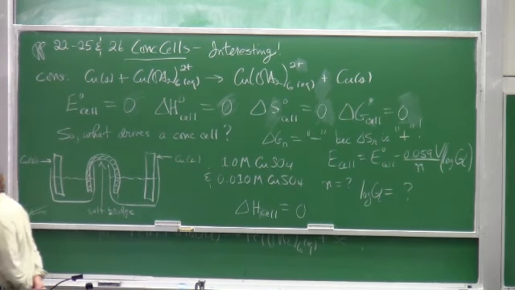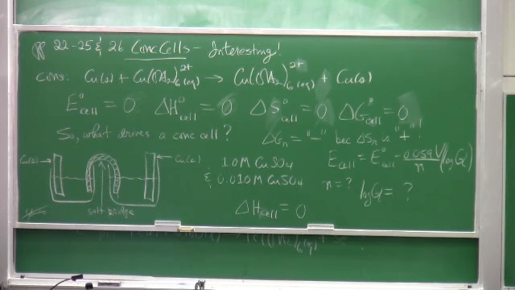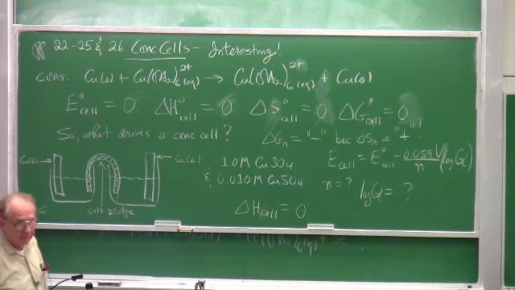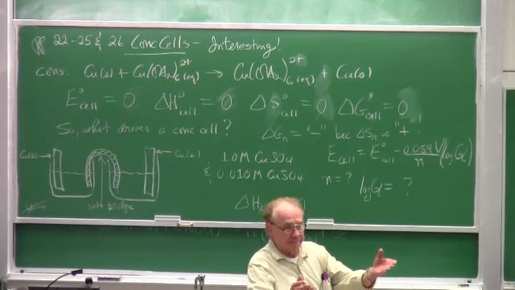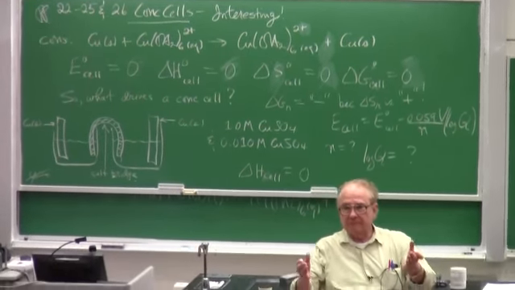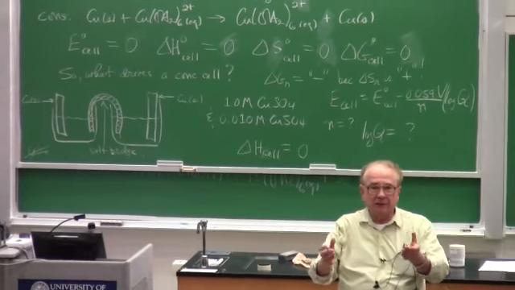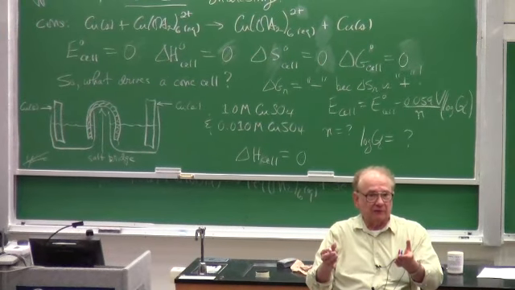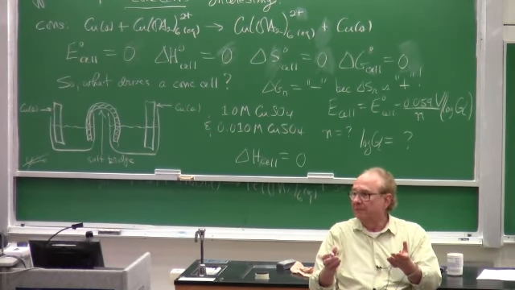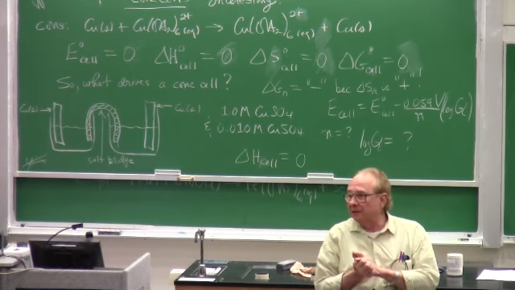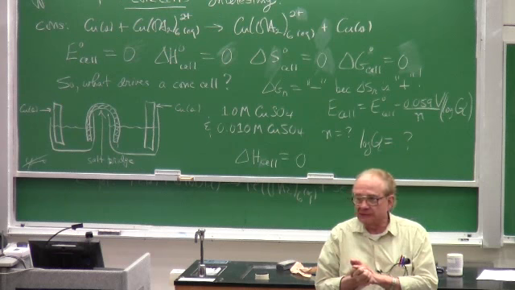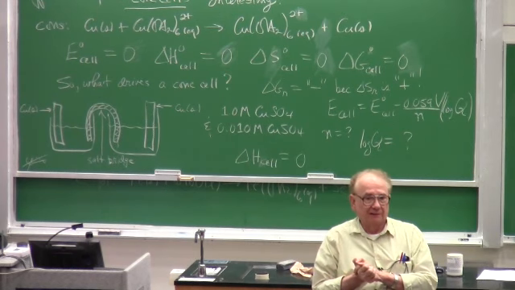So call it entropy of mixing, based on the following example. If in a beaker I pour 100 milliliters of 10th molar copper sulfate solution, and in the same beaker I now pour in 100 milliliters of 1 molar copper sulfate solution, okay?